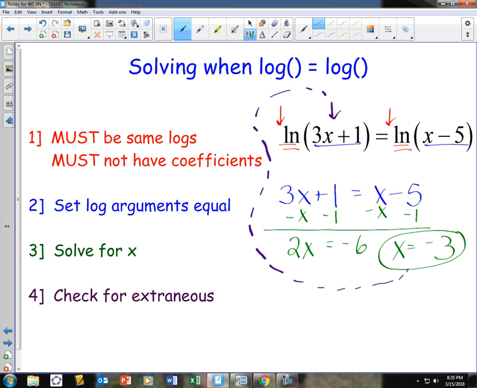Well, if we plug it in here, we're going to get 3 times negative 3 plus 1. And that's going to give us a negative argument, and that's not allowed. Same thing would happen here. If we plug in a negative 3 here, we're going to get natural log of negative 8, and that is no bueno. So it is extraneous.